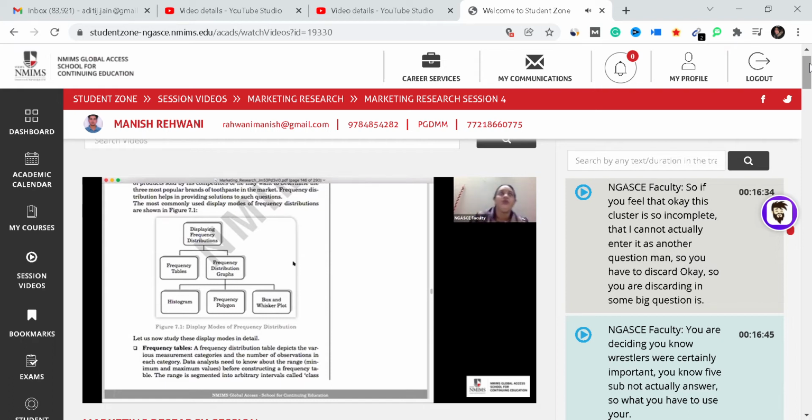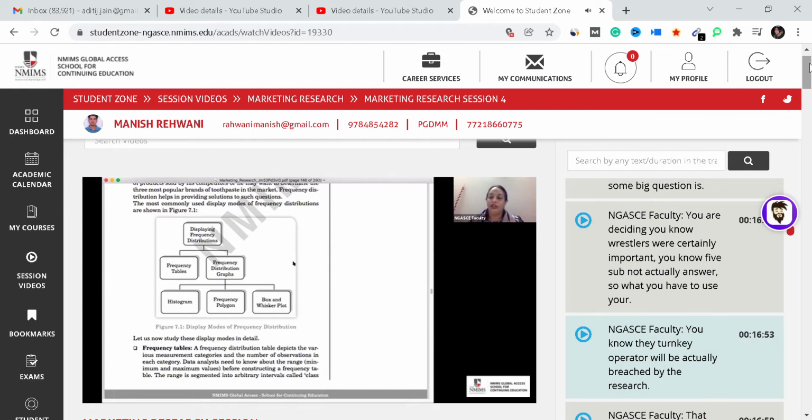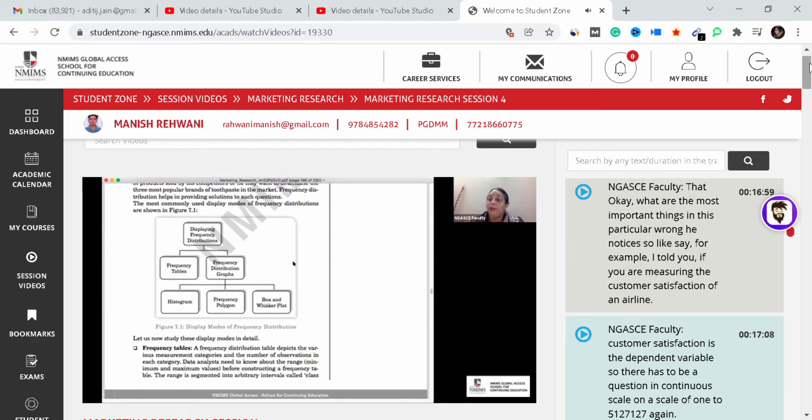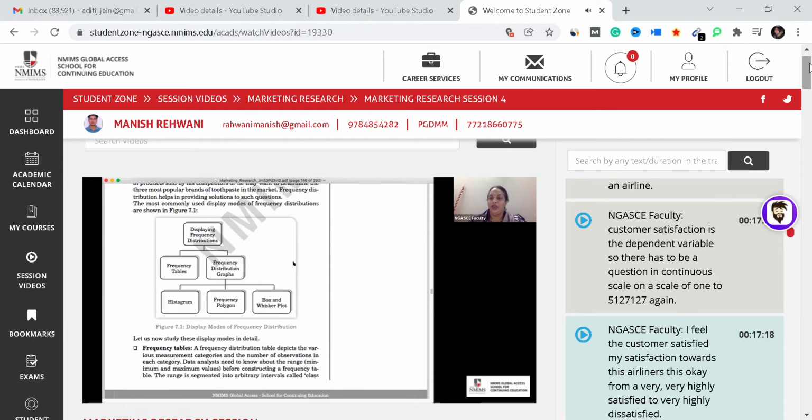The data entry operator will be briefed by the researcher about what the most important things in this particular research are. For example, if you are measuring the customer satisfaction of an airline, customer satisfaction is the dependent variable. So there has to be a question on a continuous scale of 1 to 5, 1 to 7, or 1 to 10: my satisfaction towards this airline, from very highly satisfied to very highly dissatisfied.